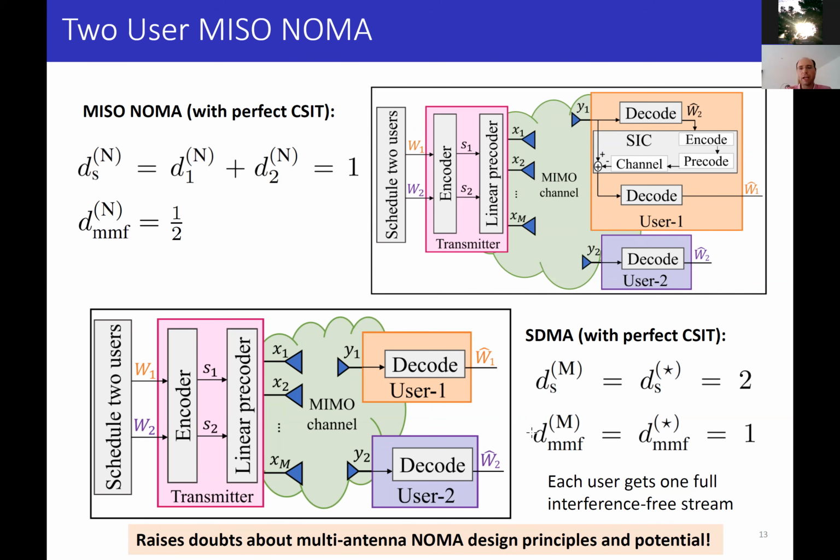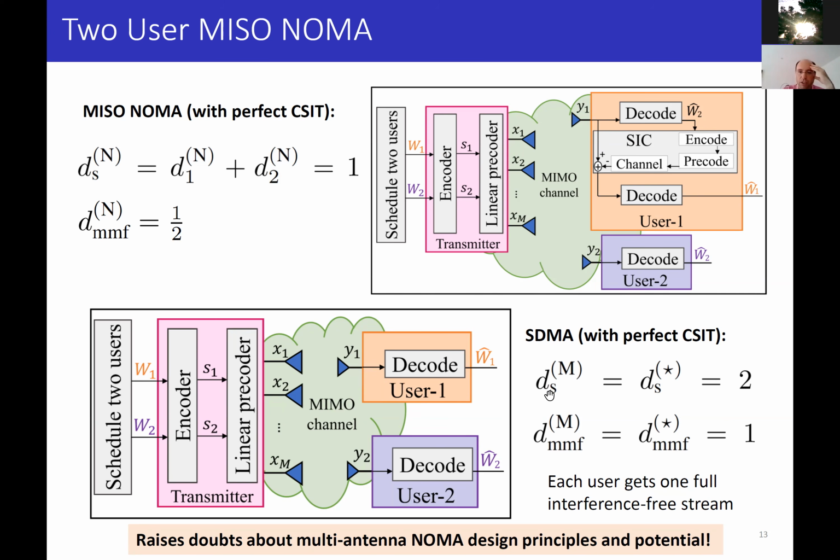Now, what would we get if we do 4G, 5G techniques, SDMA based on simple zero forcing beamforming, for instance? Well, if we have multiple antennas here, we have two users, we encode W1 and W2 independently from each other, and we just ask each receiver to decode their respective messages. And if we do that, you can transmit two interference-free streams.